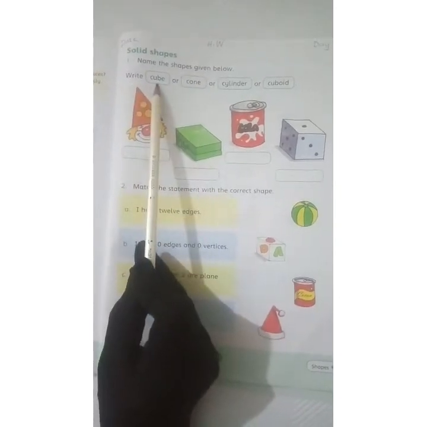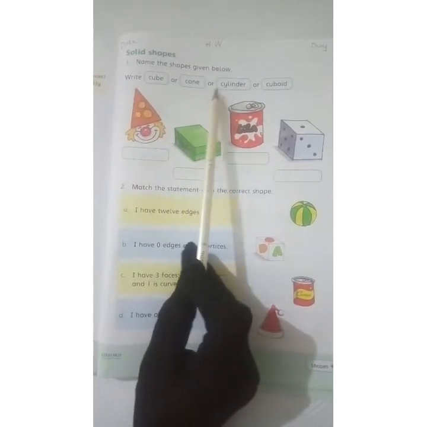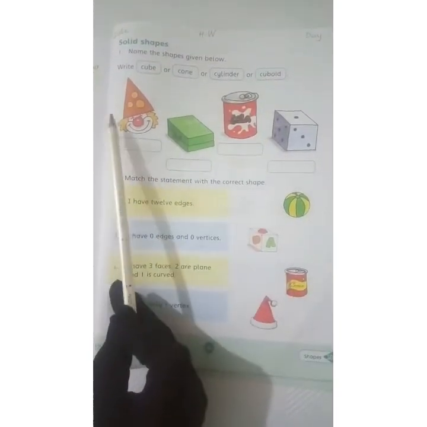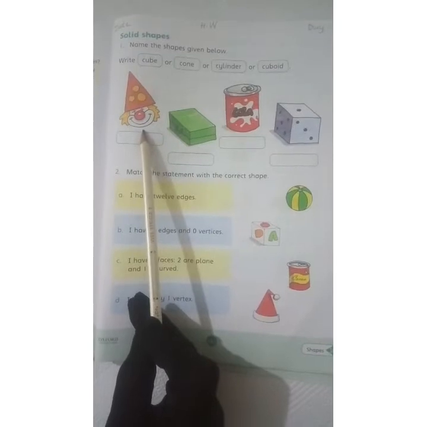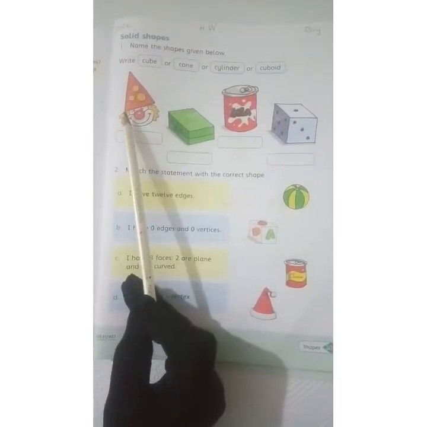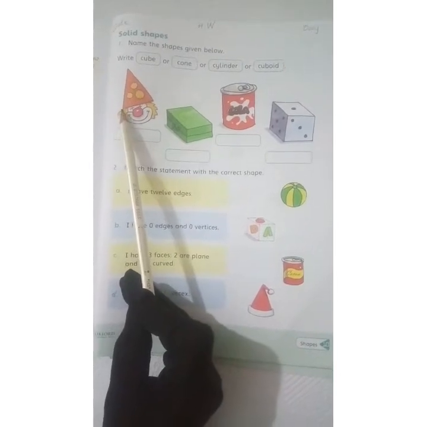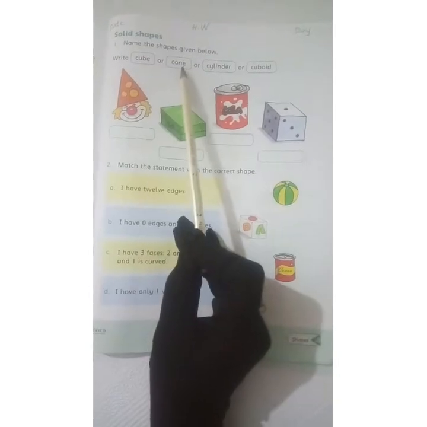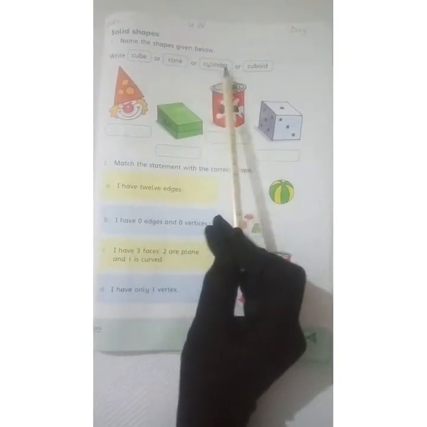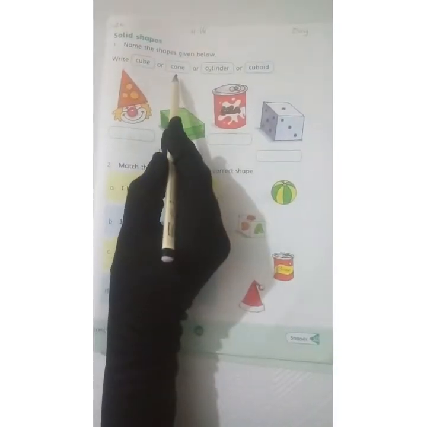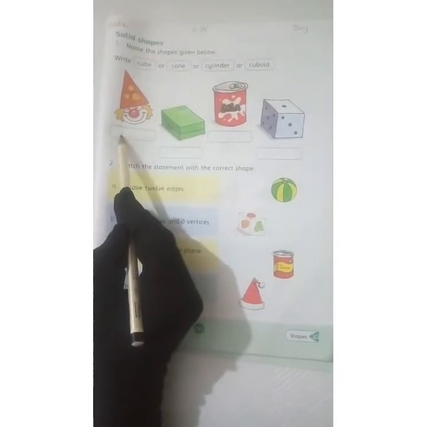Write cube or cone or cylinder or cuboid. Beta, look at this picture and tell me the shape of the hat. Hat shape? Yes, beta. Cube, cone, cylinder and cuboid. Yes. Cone. You write here cone.